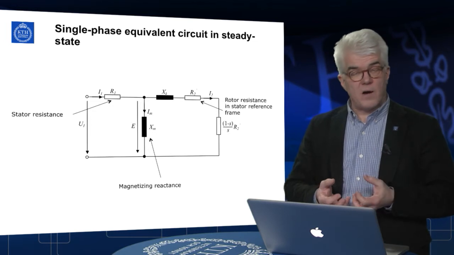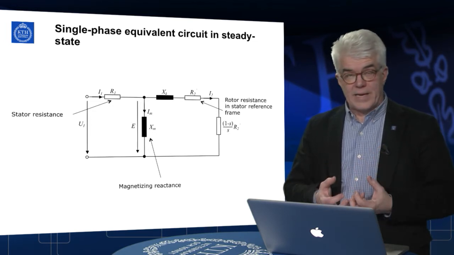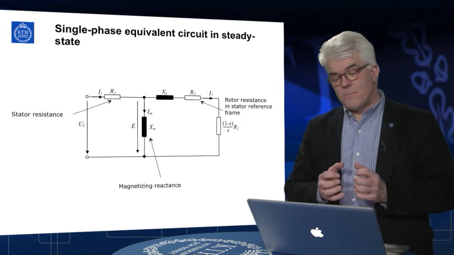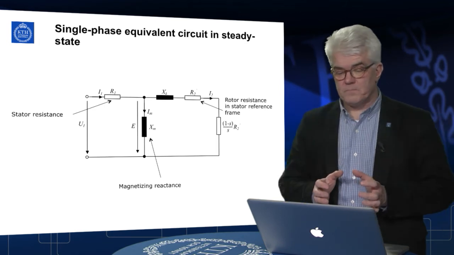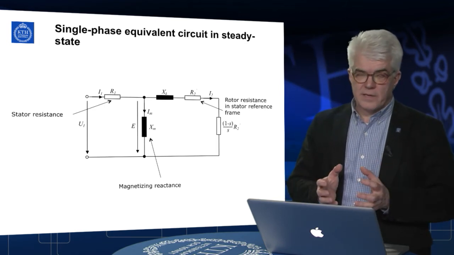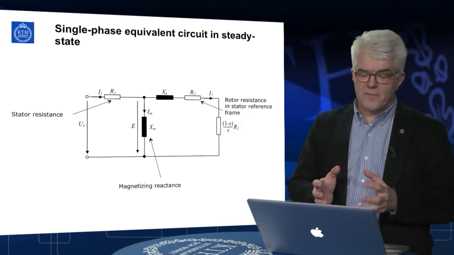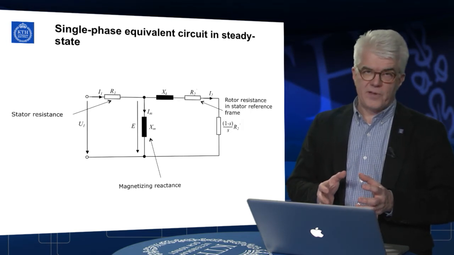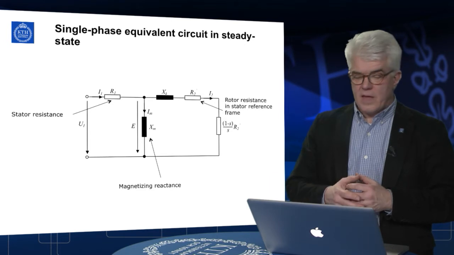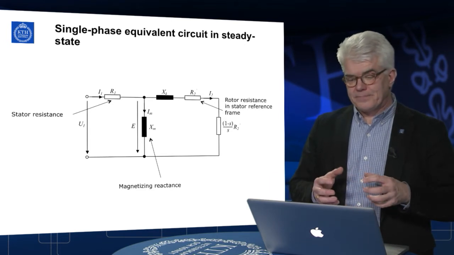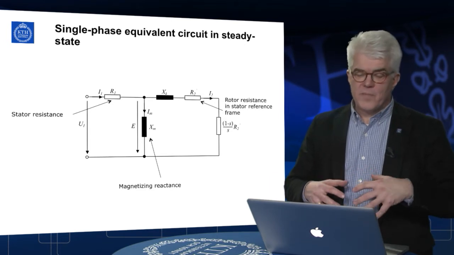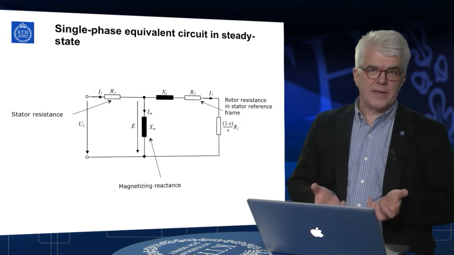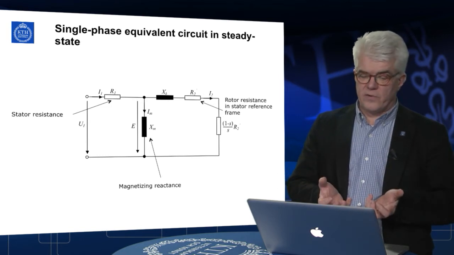Multiplied by omega, that is the magnetizing reactance. This magnetizing reactance is of course different for different kinds of motors, different pole pair numbers, and of course it's determined by the shape, the design of the magnetic circuit of the motor.